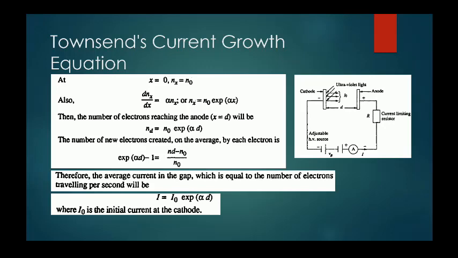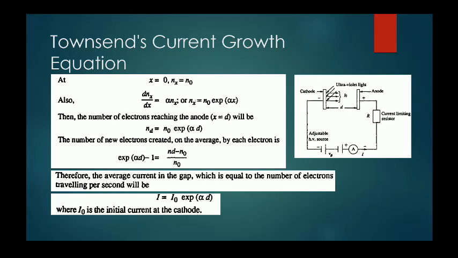Now from the cathode, how many electrons are we starting with? We are starting with n0 electrons. So n0 into alpha dx electrons are formed. Here the assumption is that for every collision there is a new electron, but that is not always the case.